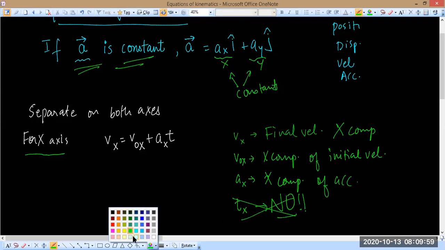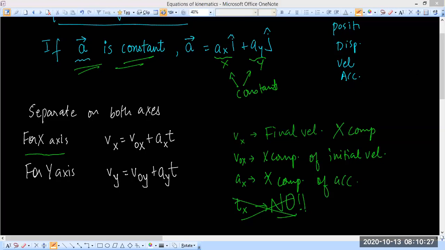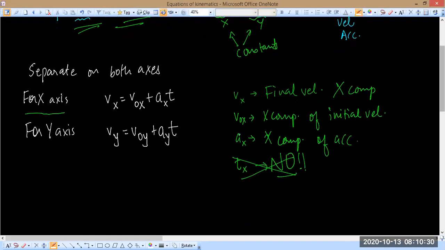Similarly, suppose I want to write the first equation for y-axis. Then it is going to be Vy equal to V0y plus Ayt. I hope I don't have to explain the symbols now. So this is how you write the first equation.